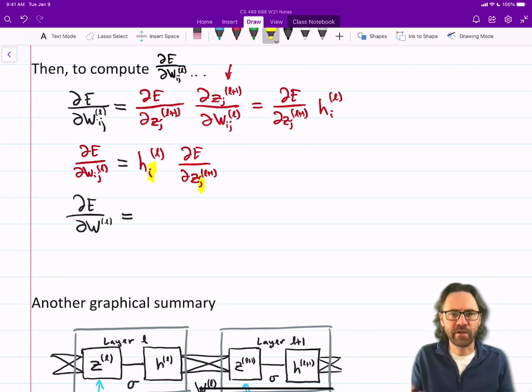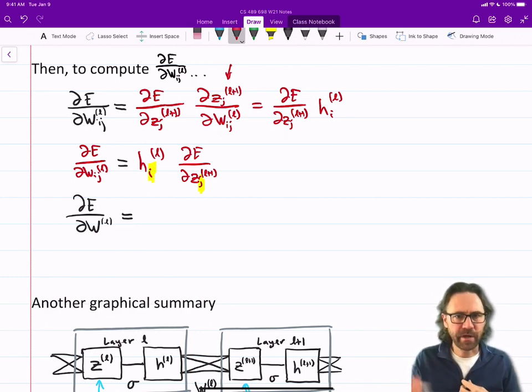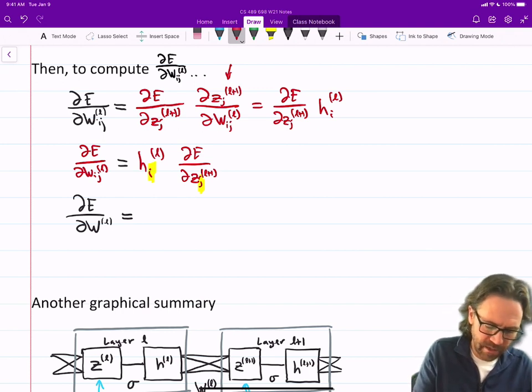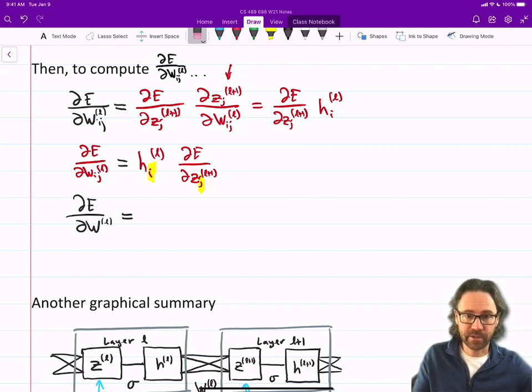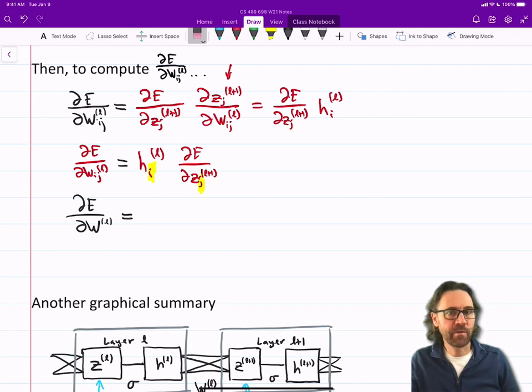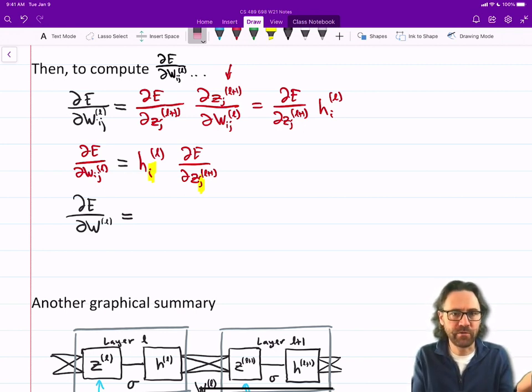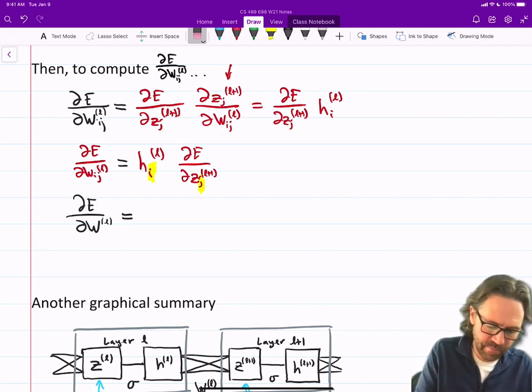There's no entity in here that has both an i and a j. So this can actually be written fairly simply for all the elements by just picking out the h_i that we want and the z_j that we want and multiplying those two. They don't mix beyond that.